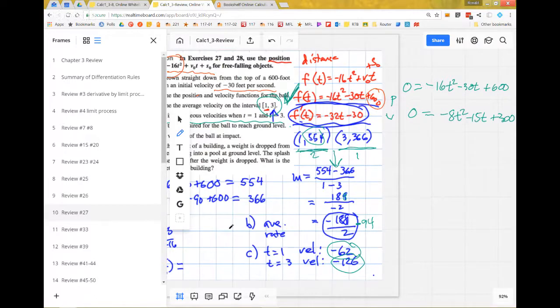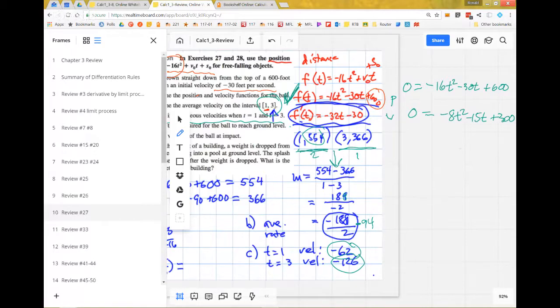How do you solve a quadratic equal to 0? We could try factoring it, or you could use the quadratic formula. Remember the good old quadratic? x equals minus b plus or minus the square root of b squared minus 4ac all over 2a. And that would give you how much time it took. That will give you the number of seconds it takes to hit the ground.